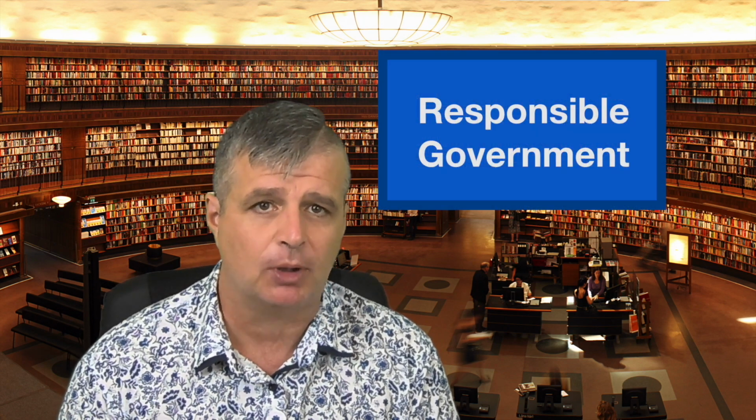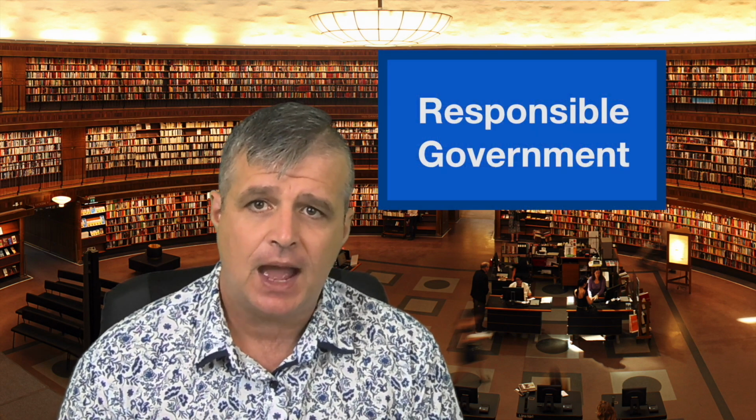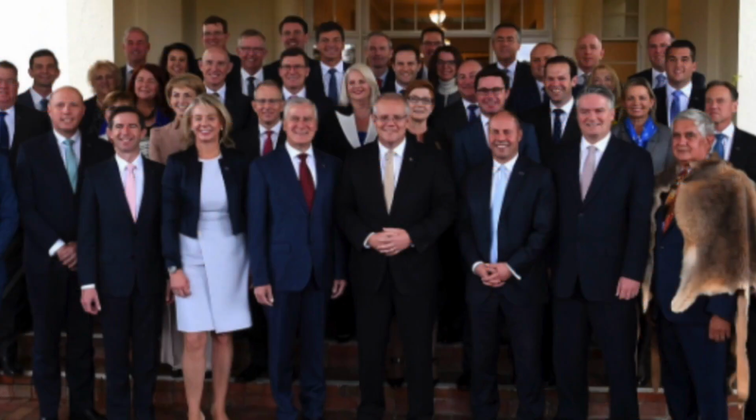Australia doesn't have the separation of powers. We do have an independent judiciary, but in Australia we follow the British system, which is called responsible government. Under responsible government, you have one person, the Prime Minister, who leads the whole executive. So the Prime Minister leads a bunch of ministers, and each of those ministers leads a public service department.